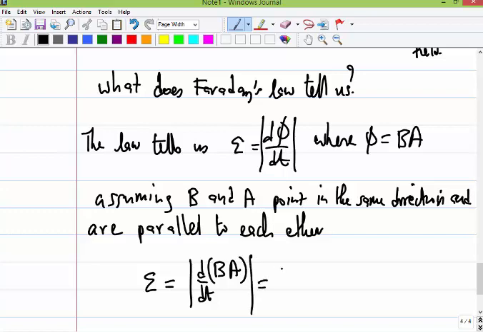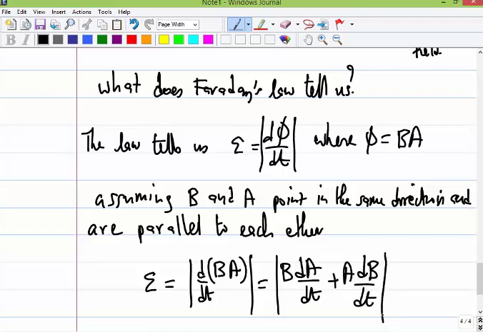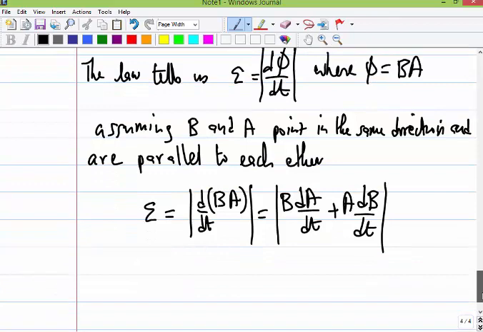We can expand this by taking A out, so that it becomes B dA dt plus A dB dt. So that's your EMF. Faraday's law tells us that an EMF is induced when we change the area of the coil with respect to time while keeping B fixed, or when we change B with respect to time while keeping A fixed.